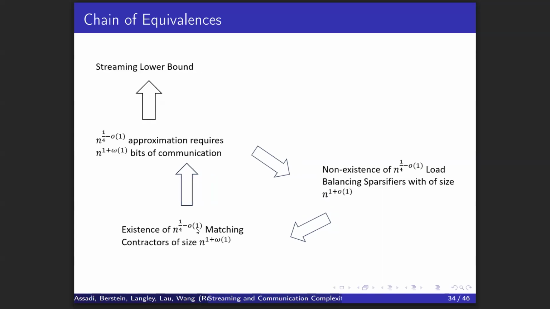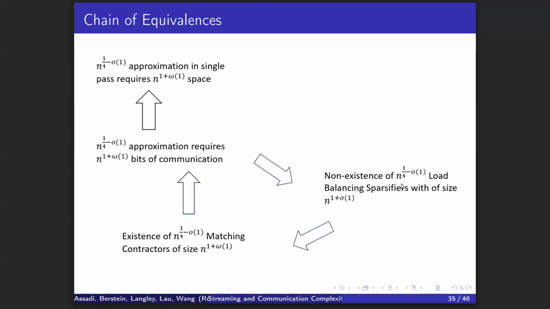This implies immediately that the one-way communication protocol has complexity at least n to the 1/4, and also implies the non-existence of n to the 1/4 load balancing sparsifiers. And finally, this also gives us our lower bound for streaming via the reduction.